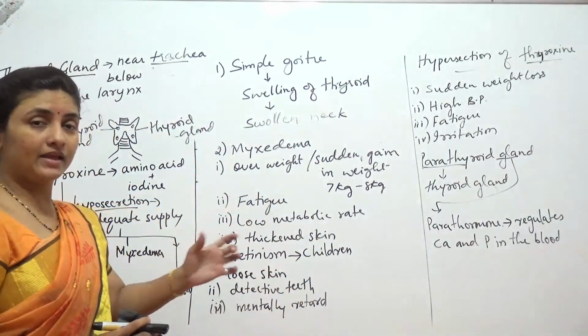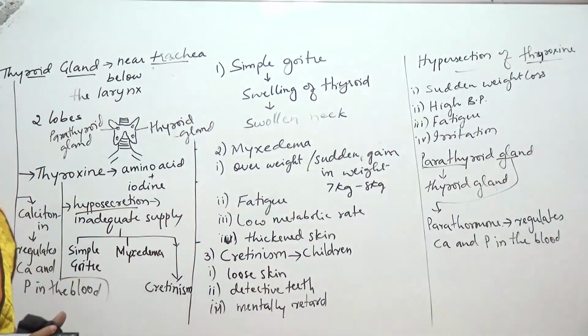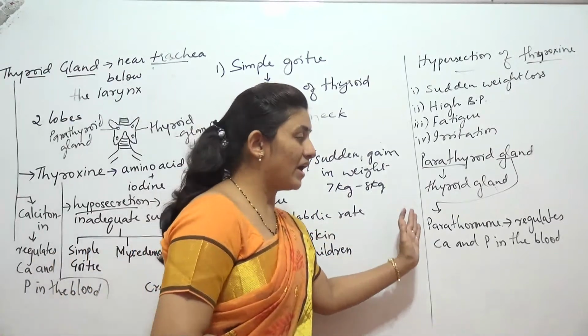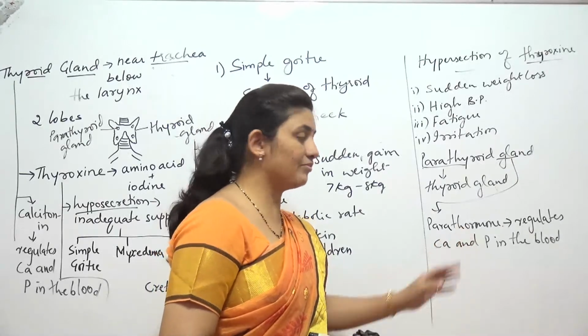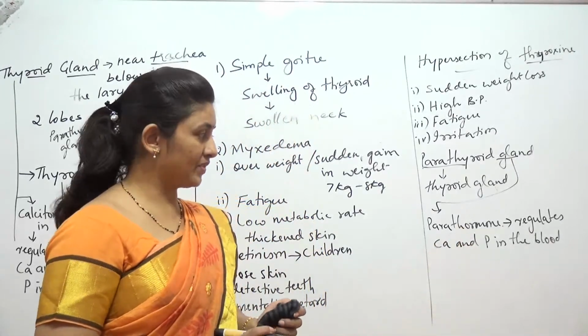But what exactly are they doing? They are opposite in function. Calcitonin decreases the level of calcium and phosphorus in the blood, but parathormone increases the level of calcium and phosphorus in the blood.